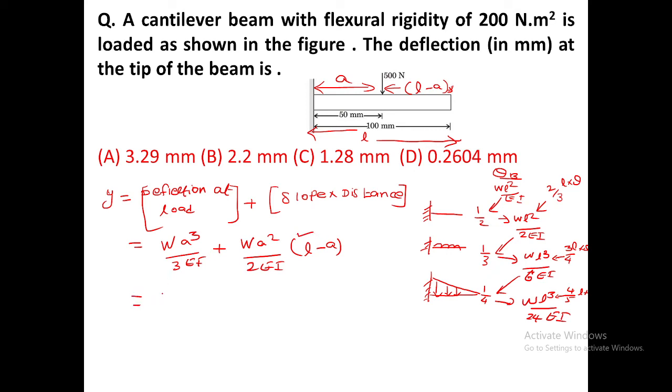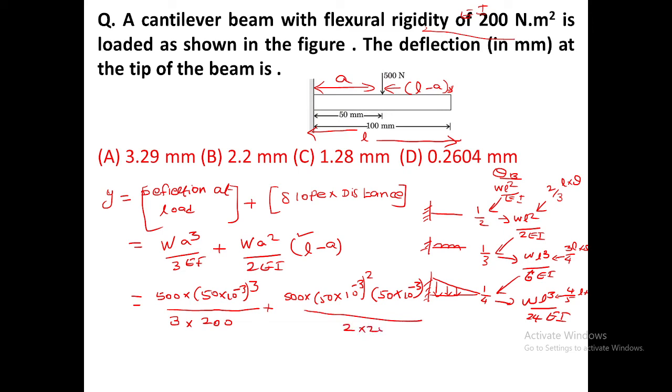So W is 500, A is 50 into 10 power minus 3, cubed, divided by 3 into EI, which is 200, since flexural rigidity means EI, plus 500 into (50 into 10 power minus 3) whole squared into 50 into 10 power minus 3, divided by 2 into 200.